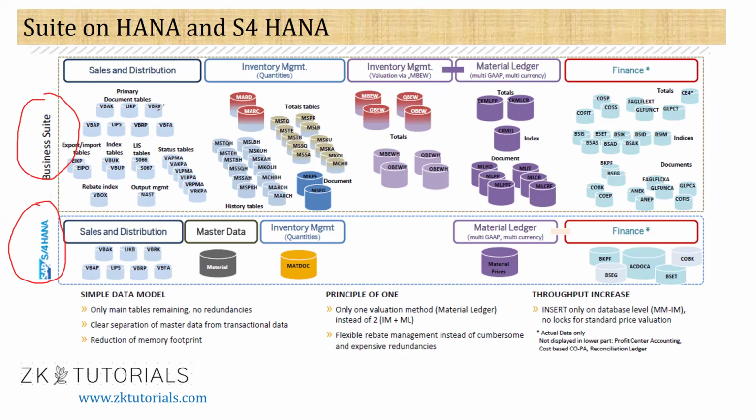For example, sales and distribution, SD, your inventory management, which is your material management, MM, the MM material ledger, and all this part is the M part. Then we have this finance part.